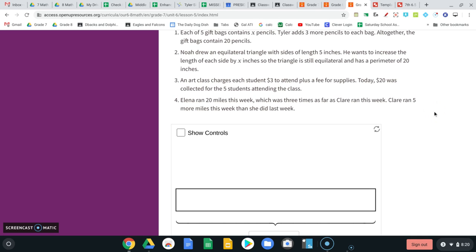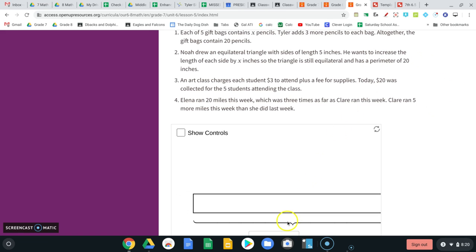Noah drew an equilateral triangle with sides of lengths 5 inches. He wants to increase the length of each side by X inches so that the triangle is still equilateral and has a perimeter of 20 inches. Okay, the total is 20 inches.